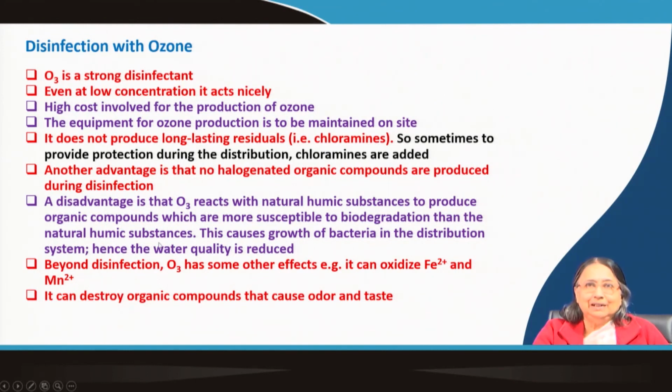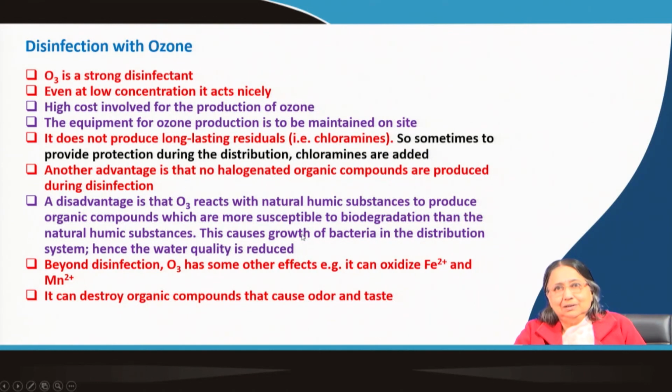Then what will happen? It causes growth, because when biodegradable substances are present, bacteria will grow in the distribution system, and water quality will be reduced, is it not. So, that is a disadvantage with ozone.